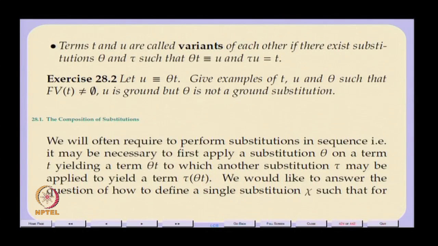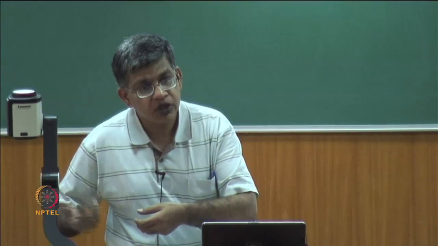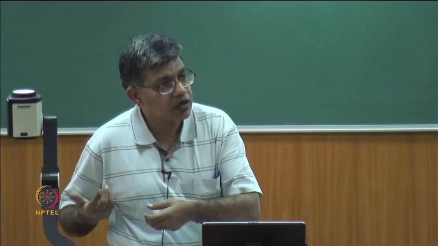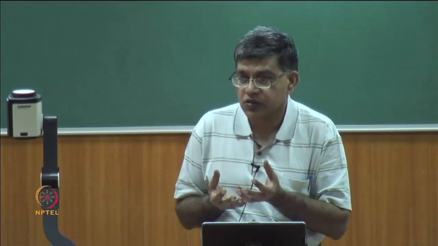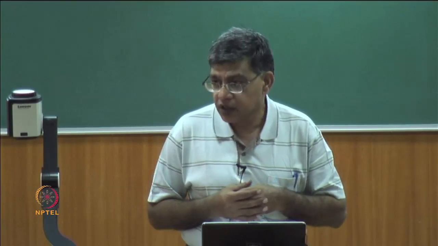This was simultaneous substitutions, but I can compose two different simultaneous substitutions together, in which case I have a composition operation on substitutions which I need to define, basically by its effect on a term.